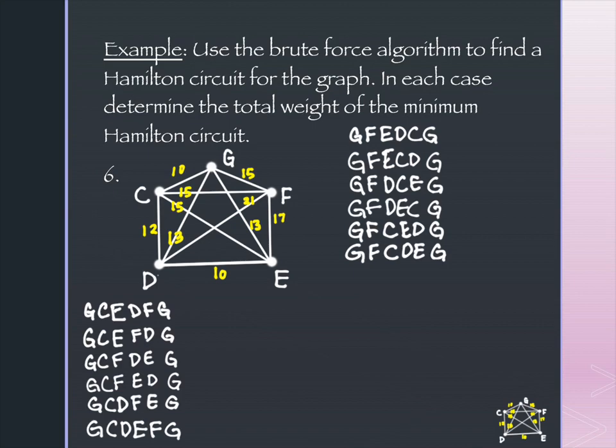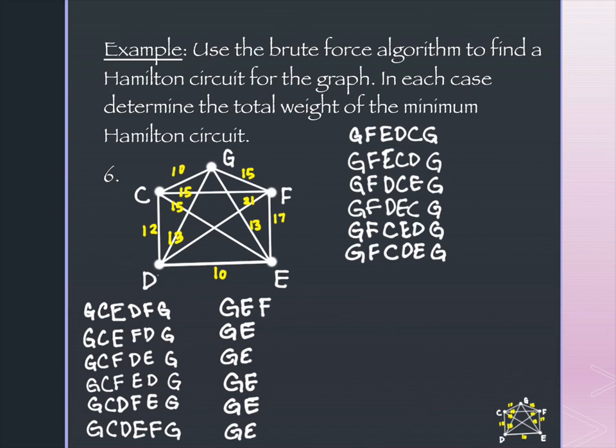So I've done GCs, I've done GFs. Now what are you going to do? GE. So all of these are going to start out GE. You might as well, I'll go ahead and do them all this time. I've got 6 of them. What do you want to do? And they all end in G, but what's going to come after E?